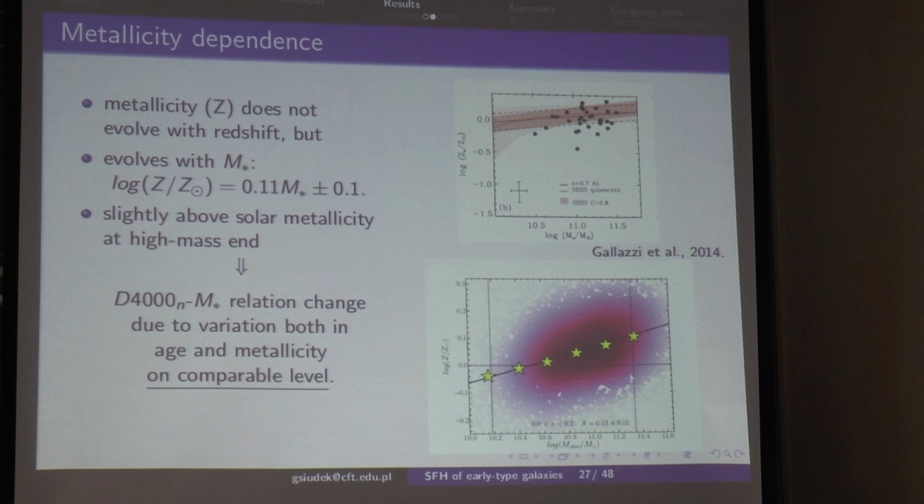Also for the first time we find out that the relation of D4000 as a function of mass is changing due to variation in age and metallicity on an equal level in red passive galaxies, of course.